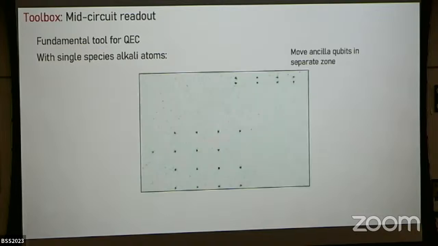But then going back to the question from before, of course, if we actually want to do some error correction, we want to be able to do midcircuit readout. In this type of experiment that I just showed you with the alkali atoms, a kind of easy way of doing midcircuit readout is, as I showed you before, we can move the ancilla atoms and the data qubits away from each other.